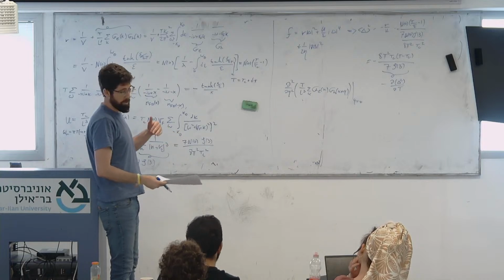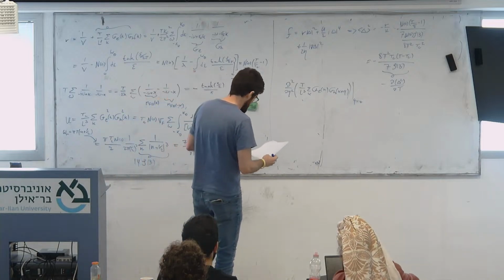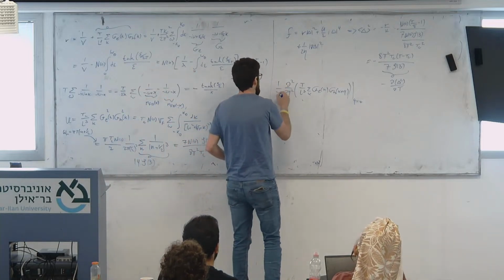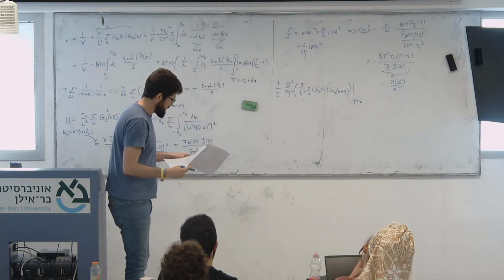If we do a Fourier transform back, this is going to be a q squared term. And we need a 1/2 here because it's a second-order expansion.